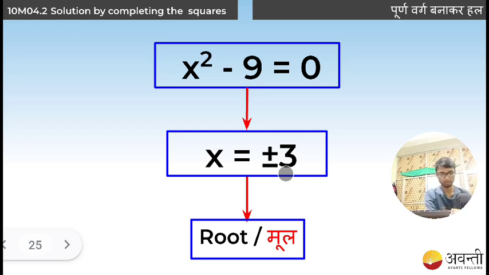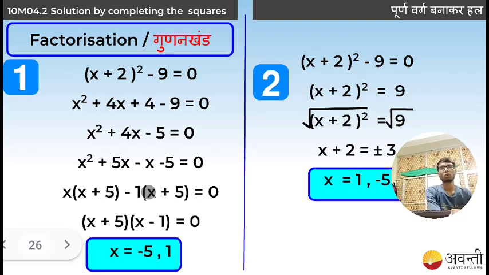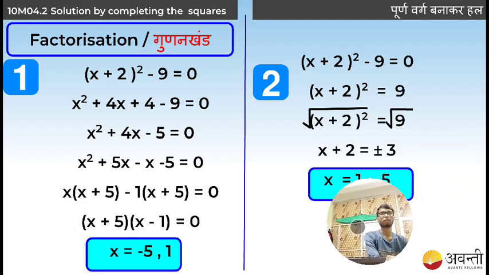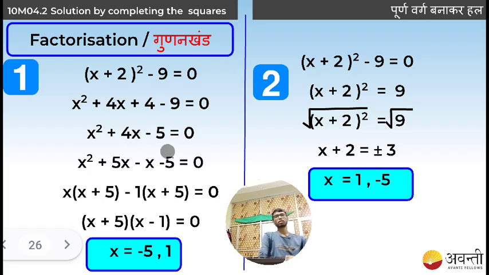That's why we have plus 3 as well as minus 3. These are known as the roots, the zeros. We got two roots here. This is another method, and here this is another method, and in both methods we are getting the same answer.